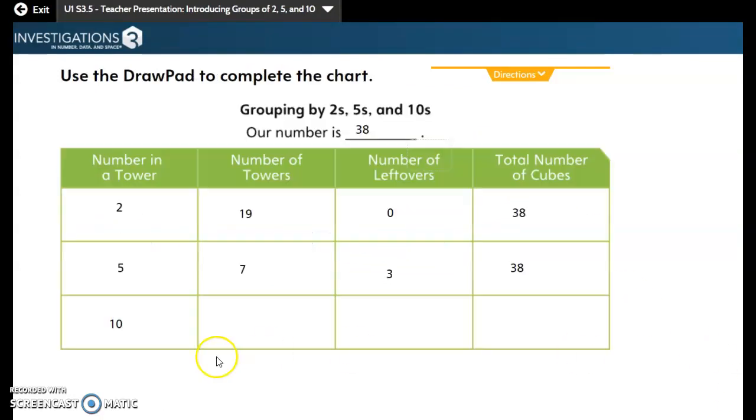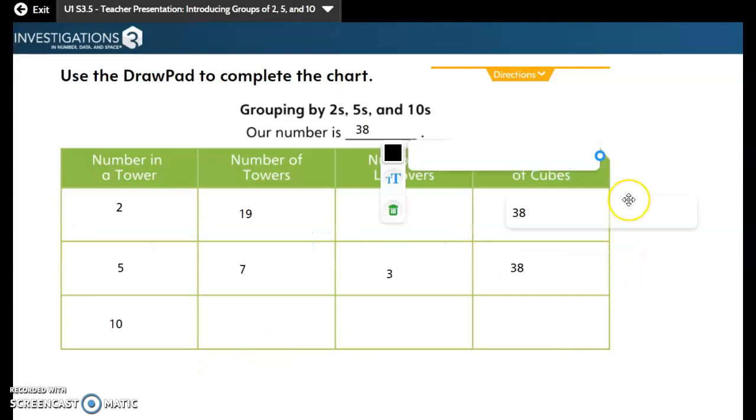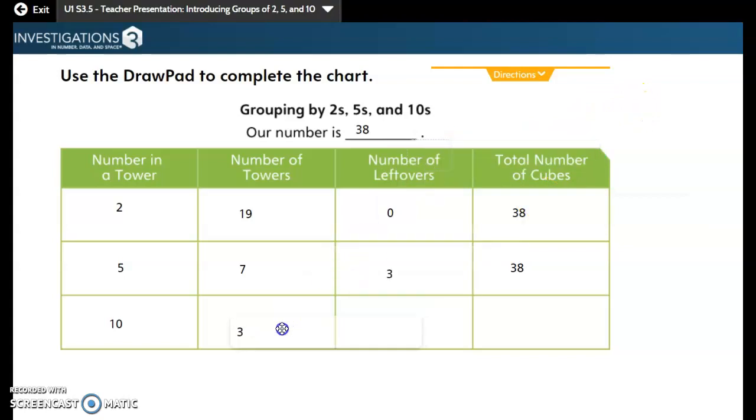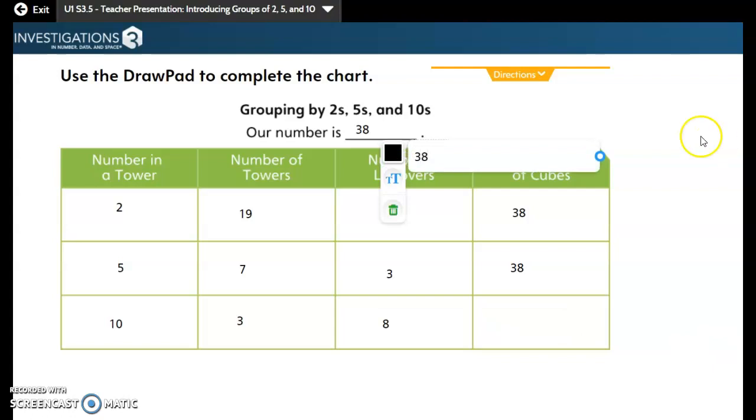Back to our chart. We have 3 groups of 10. We had 8 singles left over, and we know we had a total of 38 cubes.